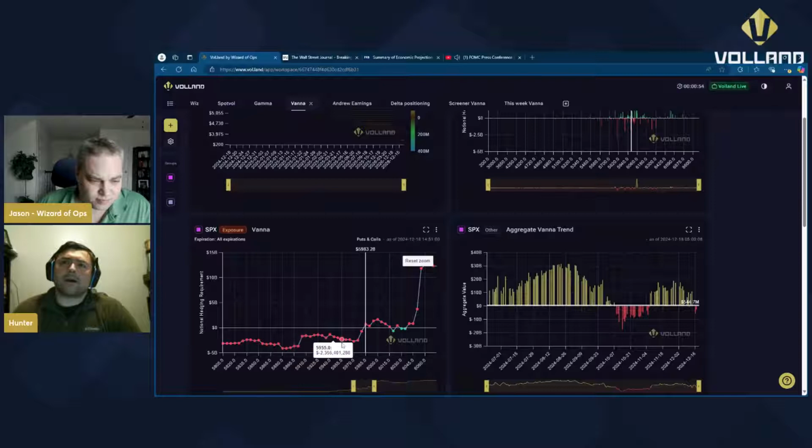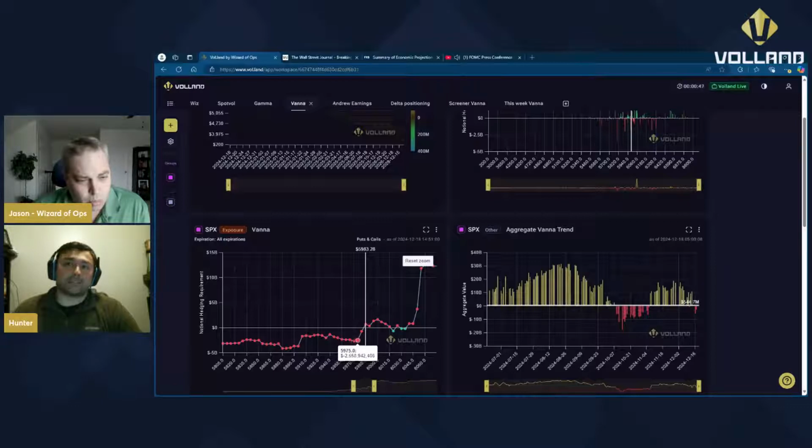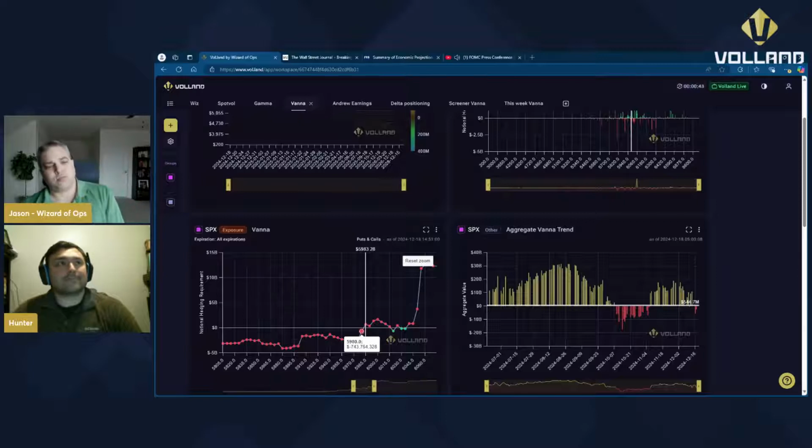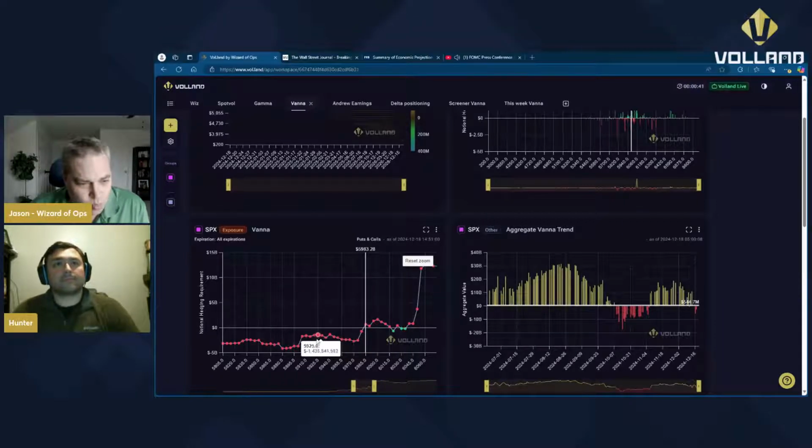Ironically, I wonder what the stats are, but this is our first 1% day intraday that wasn't with an overnight gap in a while. True. So it looks like we're flat here.